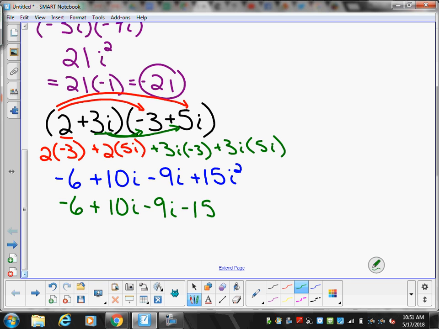And then I have two sets of like terms. I have the negative 6 and the negative 15. And I have the 10i and the minus 9i. So negative 6 minus 15 is negative 21.